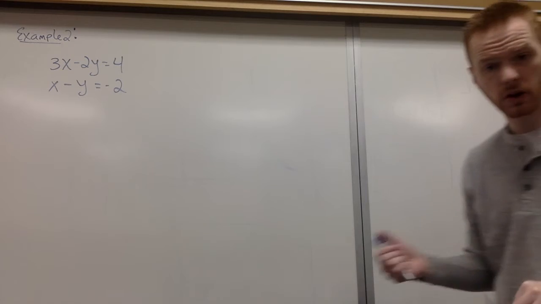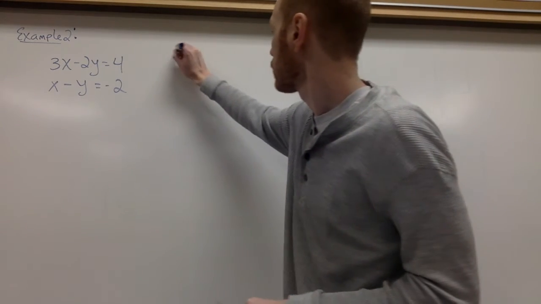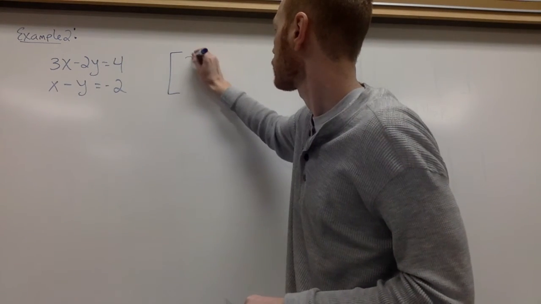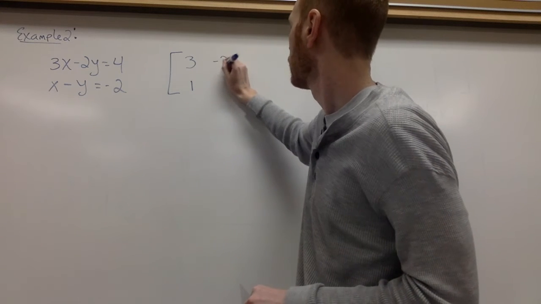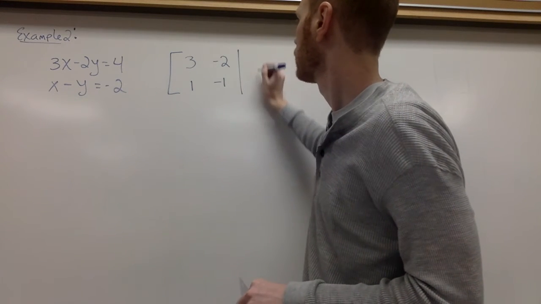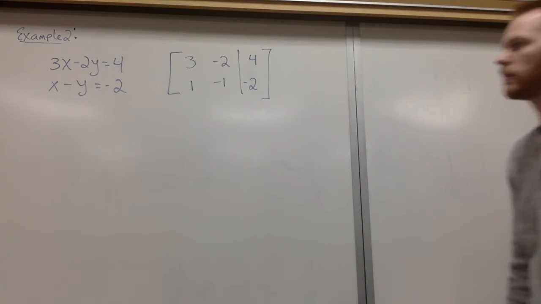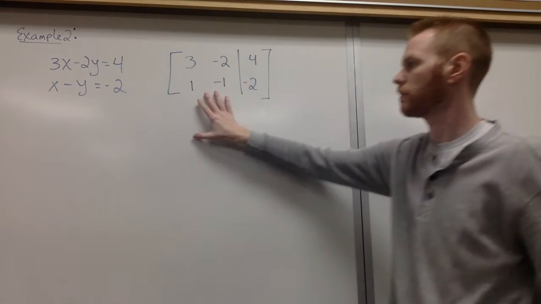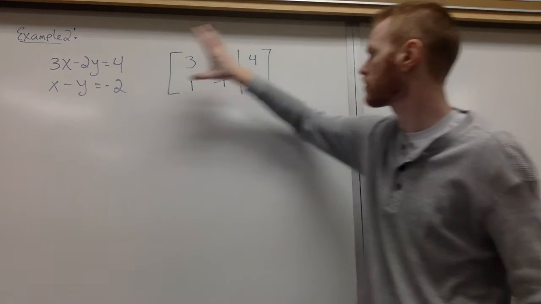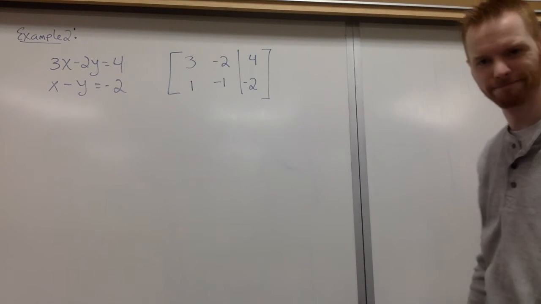Alrighty, so let's go ahead and write this in an augmented matrix. We're literally just taking the coefficients out. So this is a 3, 1, negative 2, negative 1. This would be 4, and this would be negative 2. Remember, these are the coefficients in front of the variables. The constants are right after this vertical line.